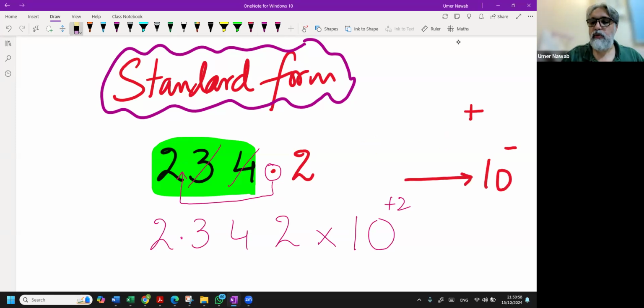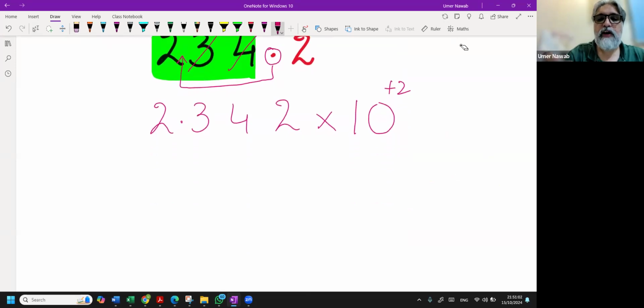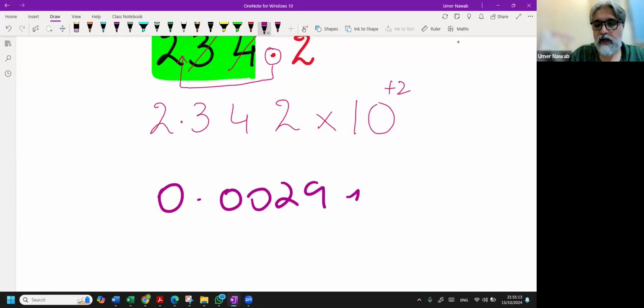Now I want to do one more question where you will move your decimal from left to the right. I'm writing here, suppose, 0.002948. Now, in this case, the number is already between 0 and 1, and that is not a significant figure.